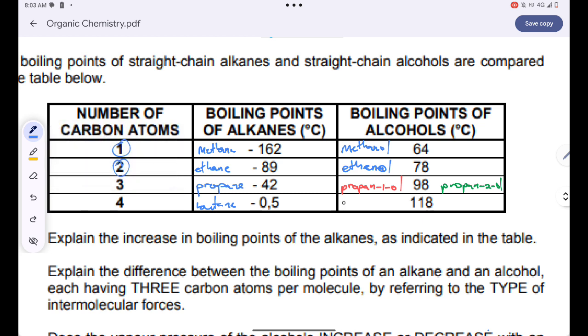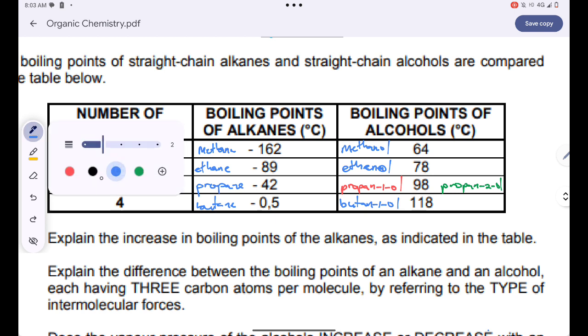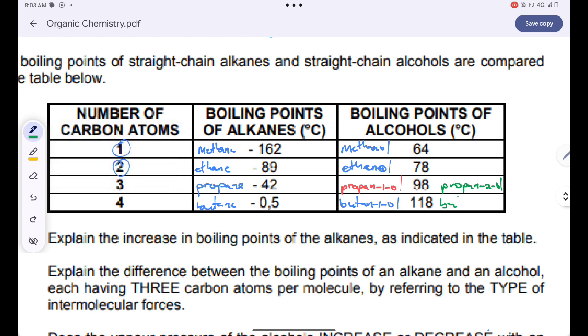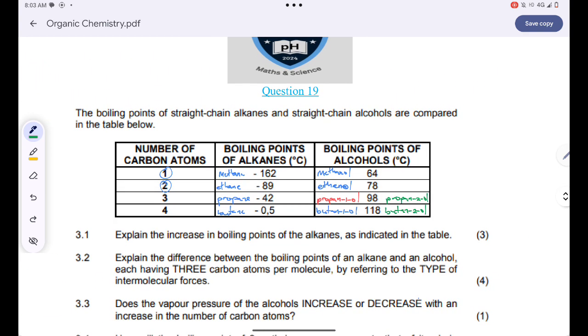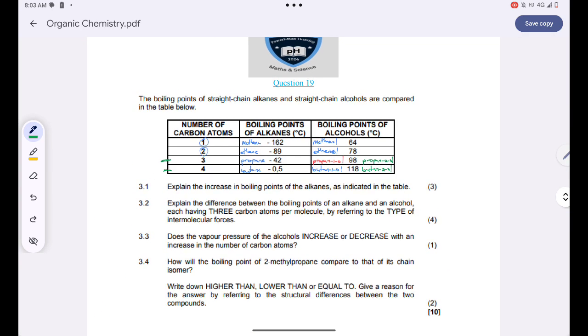And then this can also be butane 1-ol, or it can be butane 2-ol, because they never told us that we are dealing with primary alcohols only. So I cannot just assume that I'm dealing with primary alcohols. Are we together? If I'm dealing with primary alcohols only, these will be the IUPAC names of the compounds. But if the last two compounds are not primary alcohols, then they would be secondary alcohols. Okay.